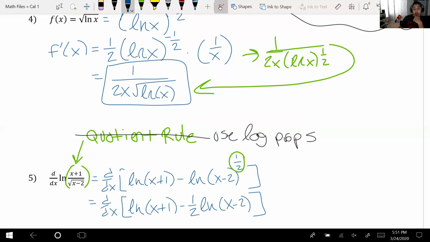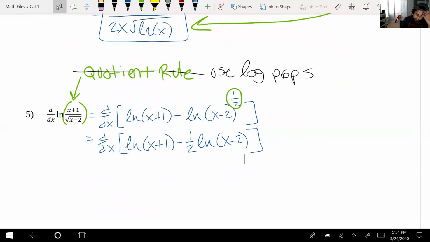Okay. We are now ready to take the derivative, and on both of these you will do chain rule. So what we end up with, for the first chain rule, is the derivative of the inside.